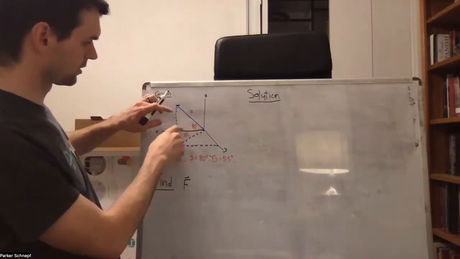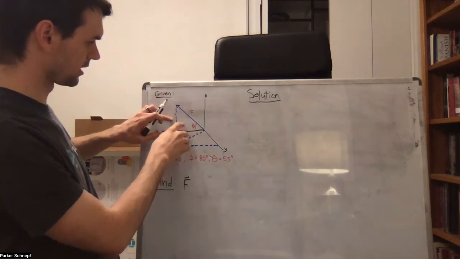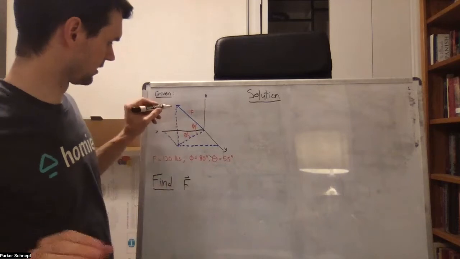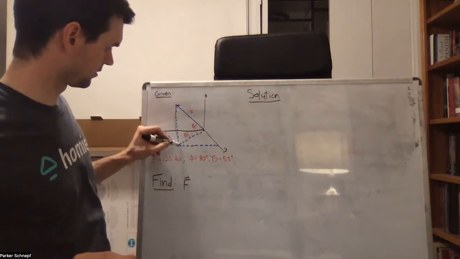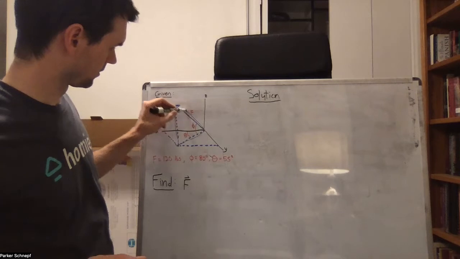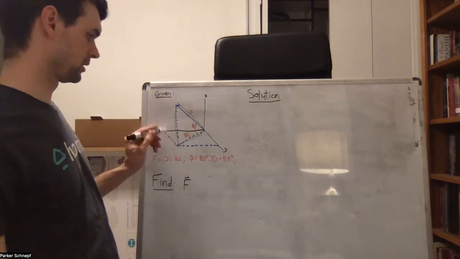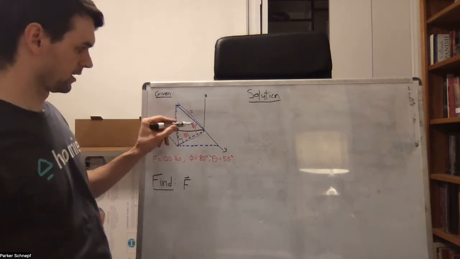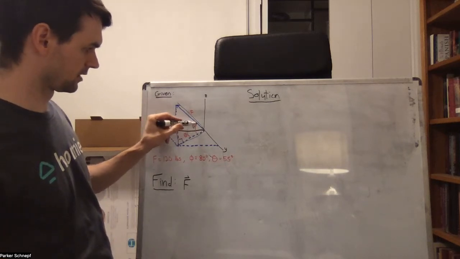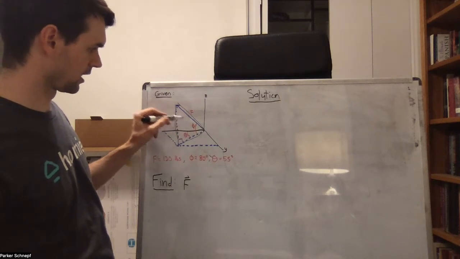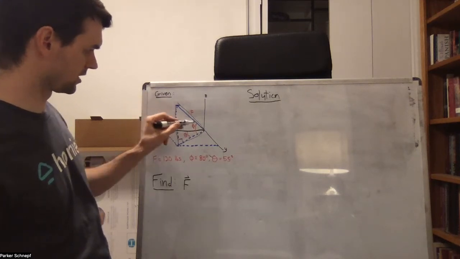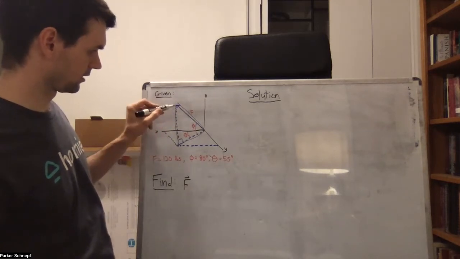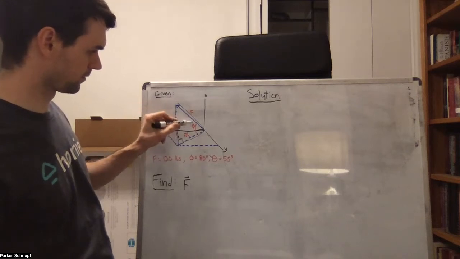So the first thing we're going to do is look at this triangle. Let me try to outline it. If we recognize that it's a right triangle, and we have this angle phi, then this side here should just be the hypotenuse, which is the magnitude F, times sine of phi.